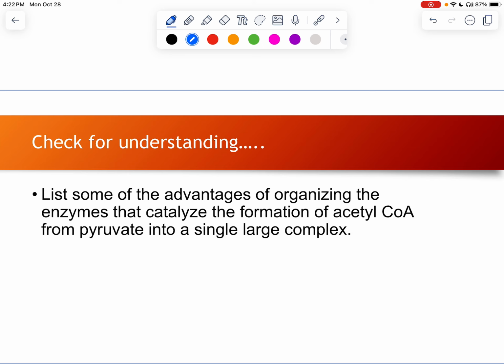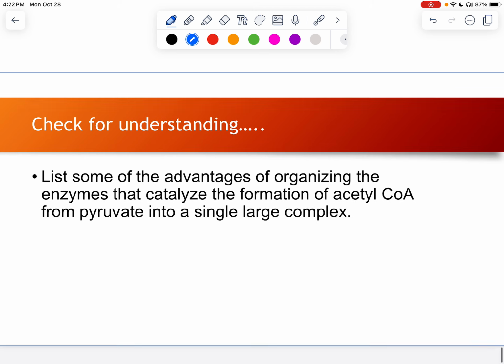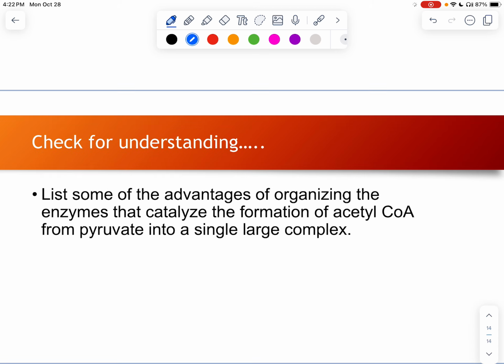And this idea, we see it across all living things, these enzyme complexes. So clearly they're important. If we think about why, one would be that the reaction would be facilitated by the close proximity. We don't have to wait for one intermediate to diffuse out and float over to the next enzyme.